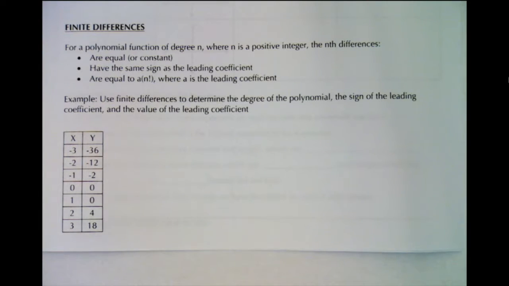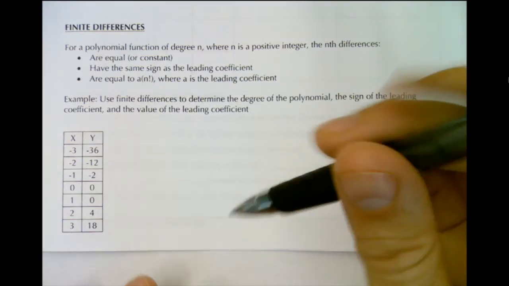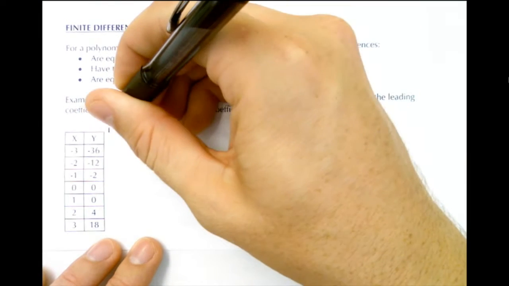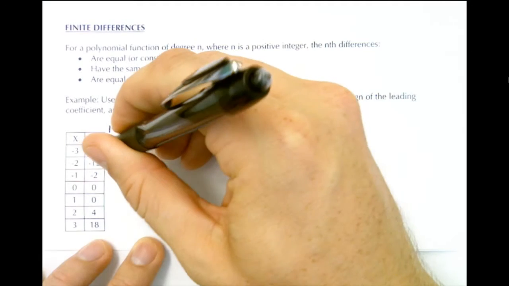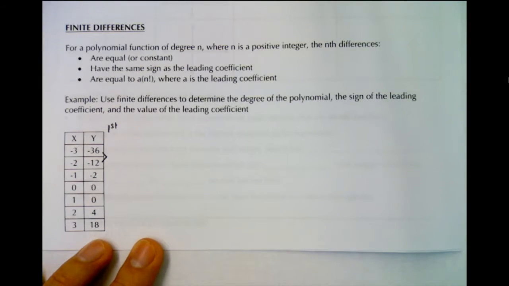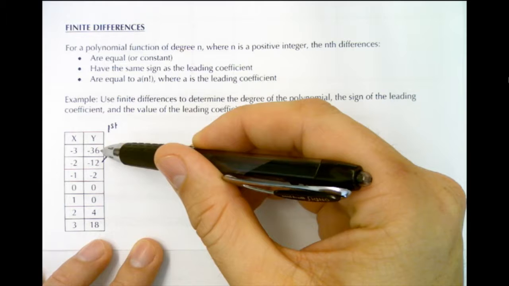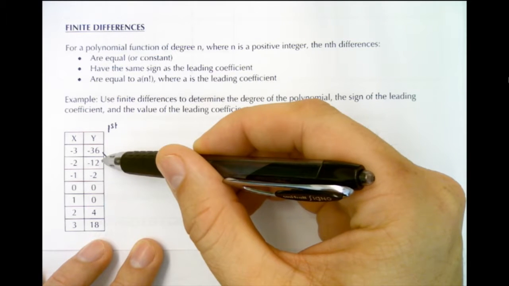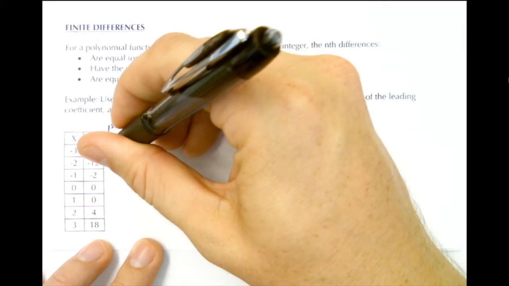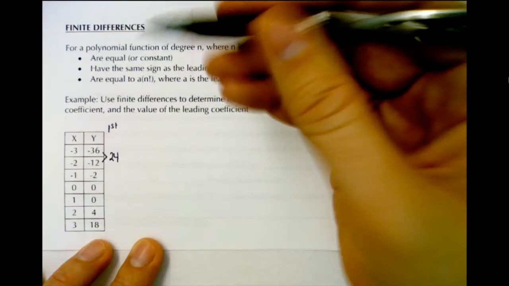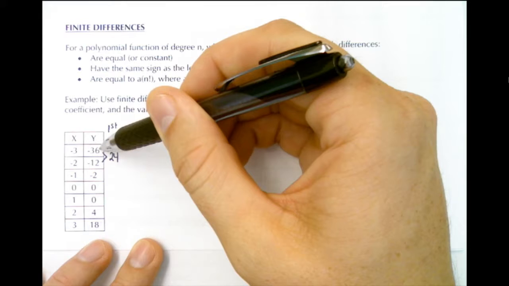So here we go. We have a table of values. If we look for the first differences, we can see if this is a degree 1 polynomial. When you're looking for a difference, you're asking what's happening to negative 36 to make it negative 12. In this case, we're increasing its value by 24. If you're not sure how to get that number, you take the second value and subtract the first value.